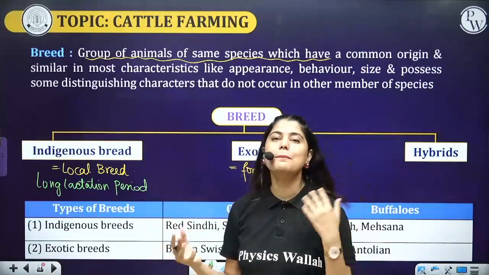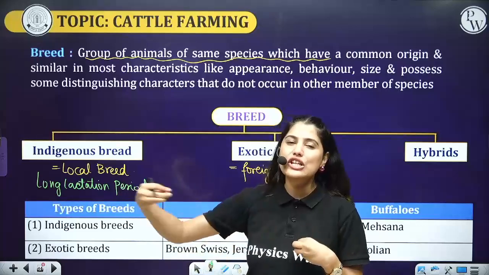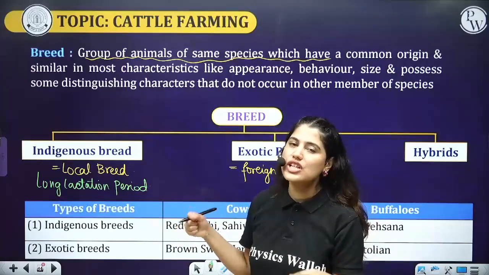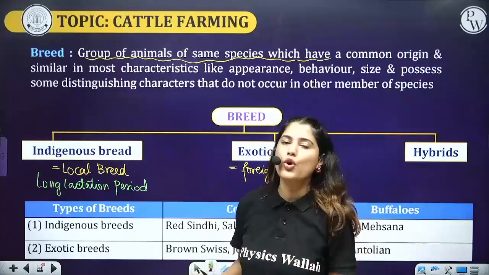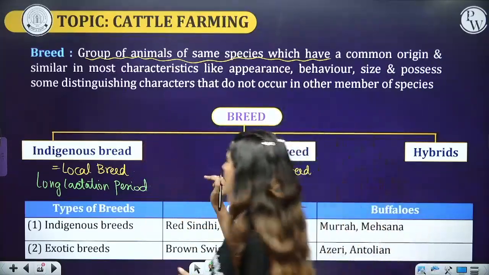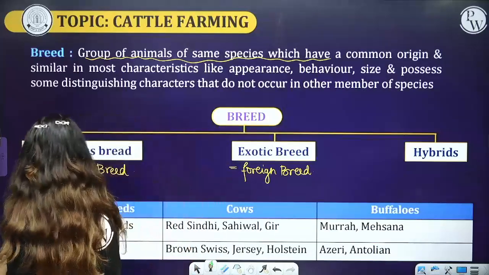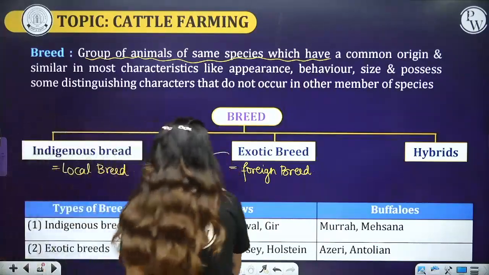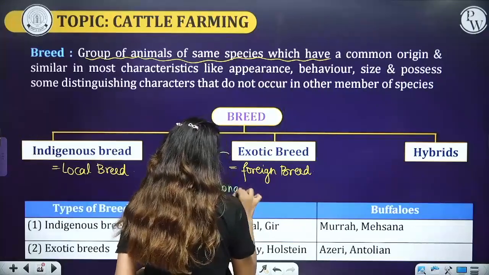Once the baby is born, what is the duration of milk production? The longer the lactation period, the more the milk production. It's obvious. So please mention under exotic breed that they have a long lactation period.